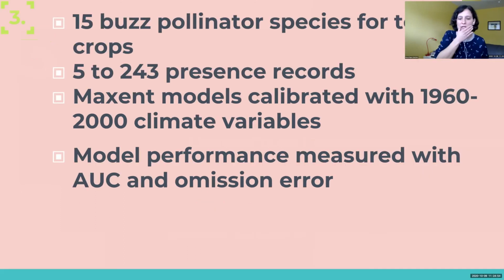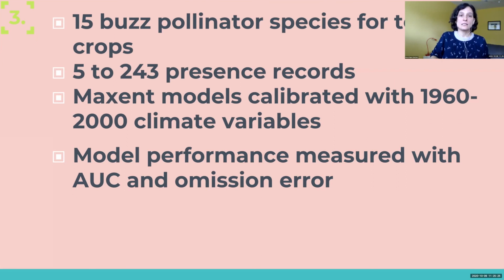Okay, so what we had here was a subset of buzz-pollinators for tomato crops. We had an initial list of maybe 24 species, but we either didn't have enough occurrences, we couldn't find enough presence points, or the information about whether the species was truly pollinating tomatoes was not that clear, so we trimmed the initial list.